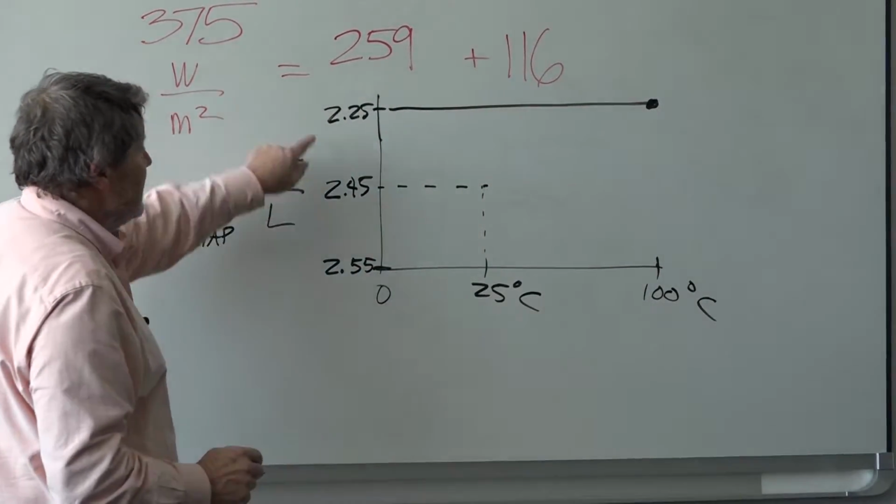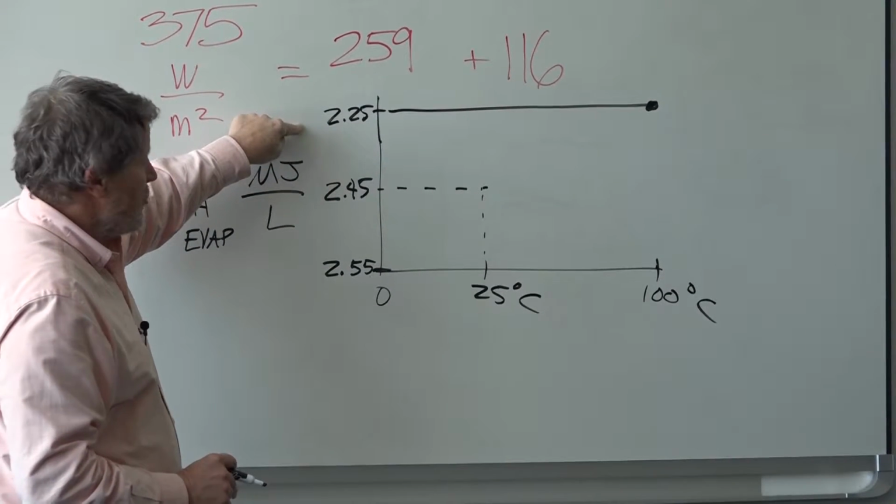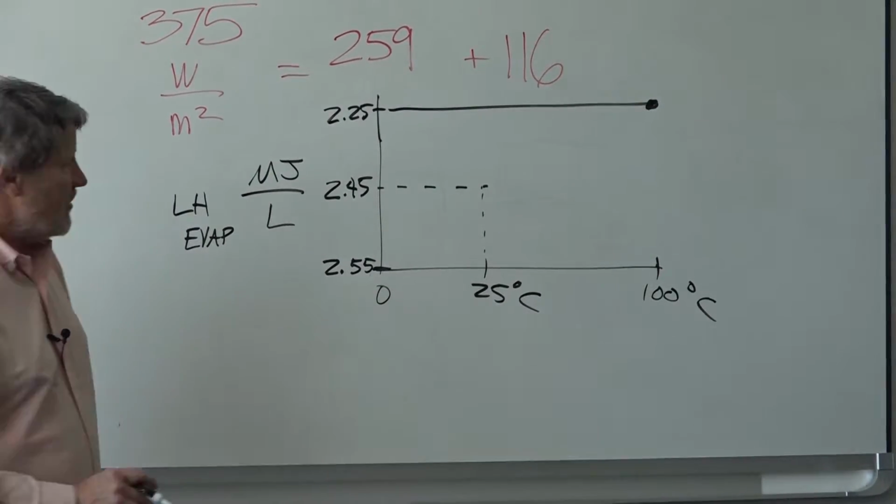The point is, latent heat of evaporation varies very little with the initial temperature of the water. It varies a lot with the change of state of water.